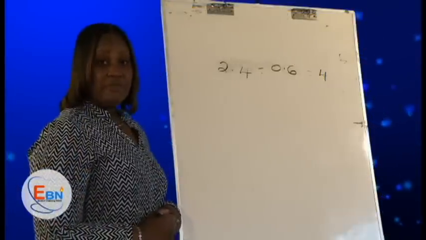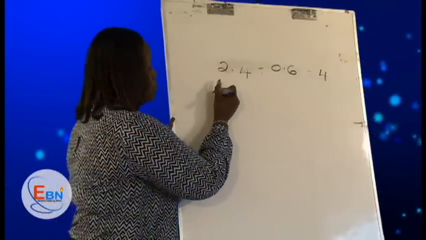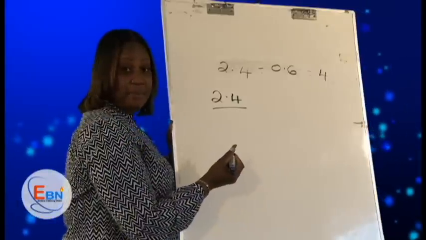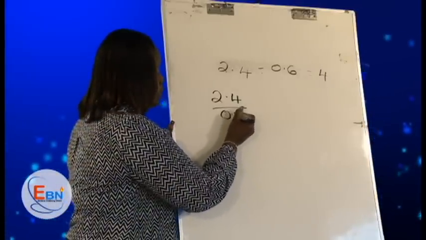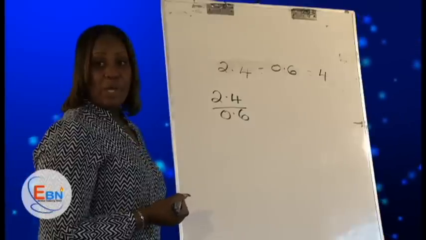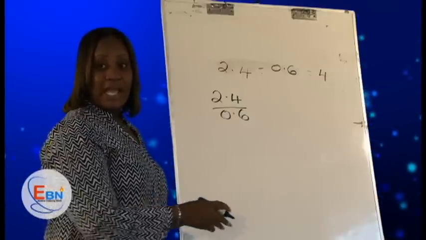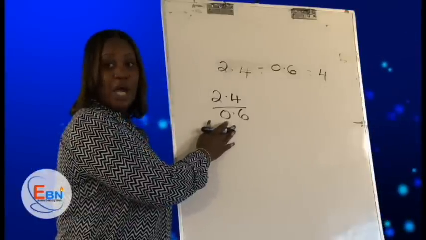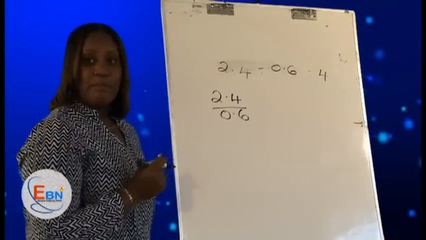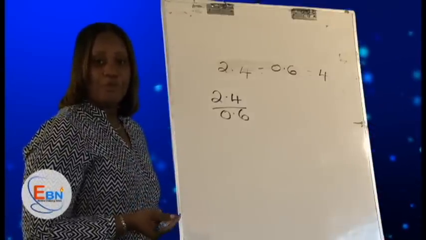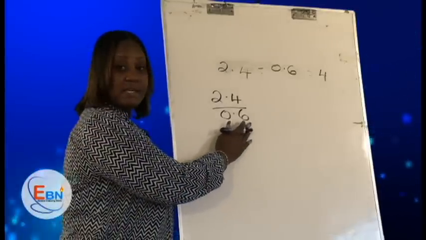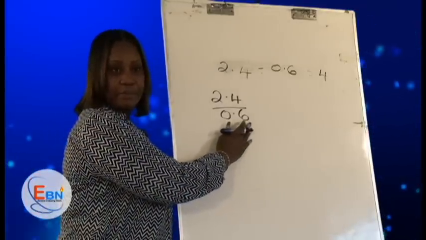So where we have 2.4 divided by 0.6, what we always try to do is to get the divisor to be a whole number. In order to do that, we multiply by a power of 10. In this case, the divisor is 6/10.